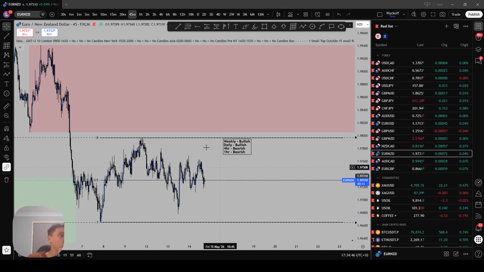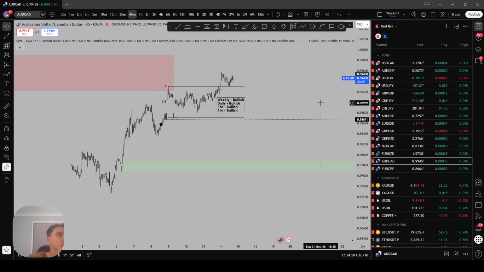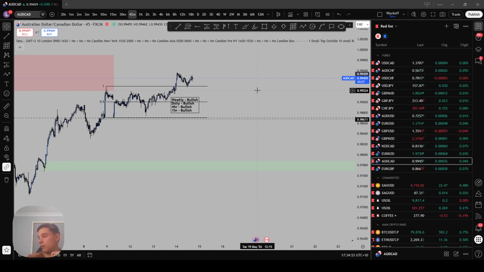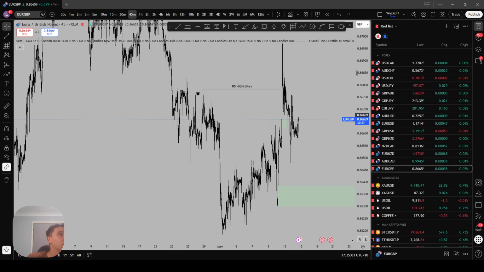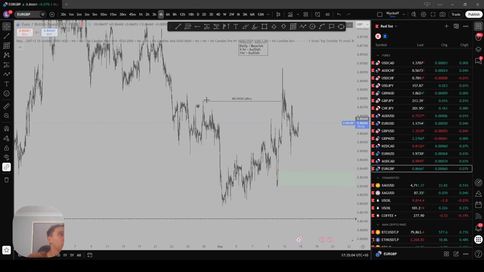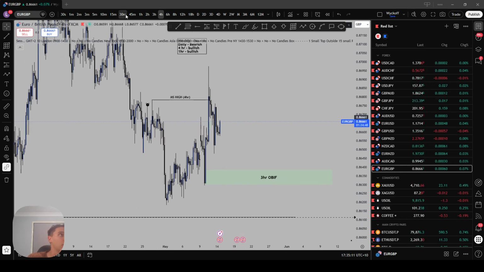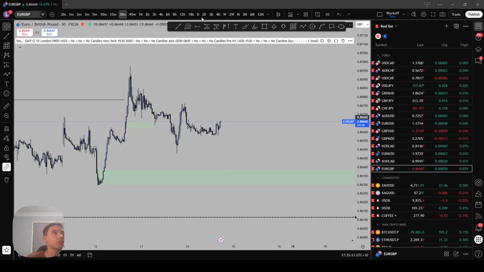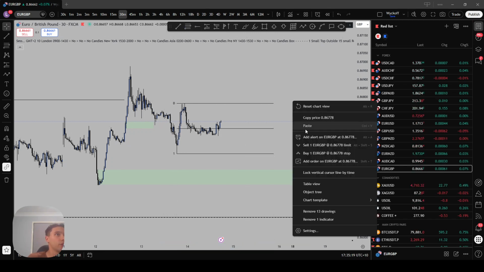Some form of demand below. AUD CAD, this range is pretty much gone at the moment. And then Euro GBP, I think it has SFP'd the market structure high. It's technically broken structure, but very, very weak structure, and now you are coming back down. We'll see if anything occurs here.